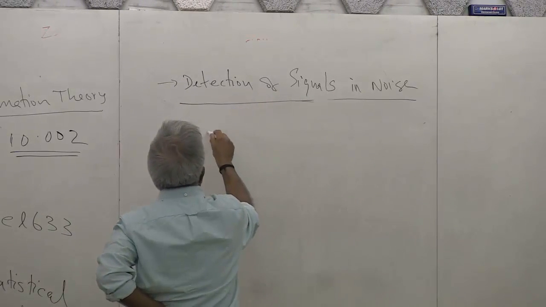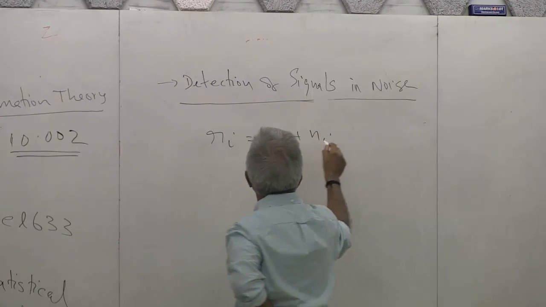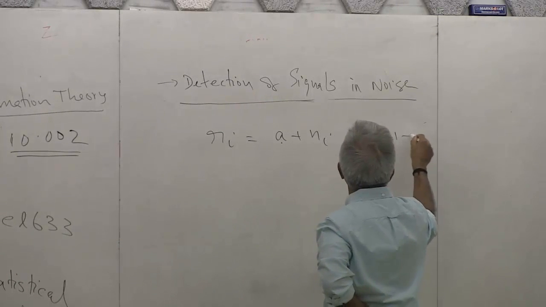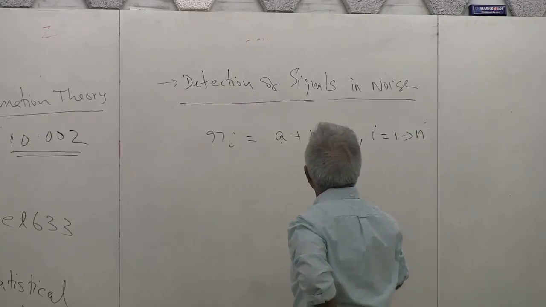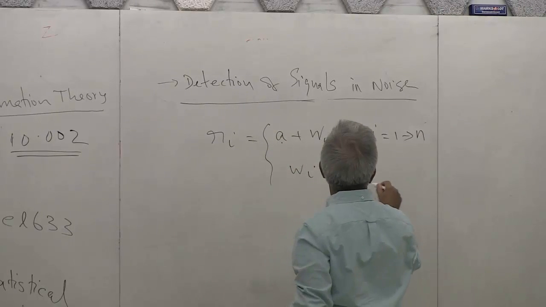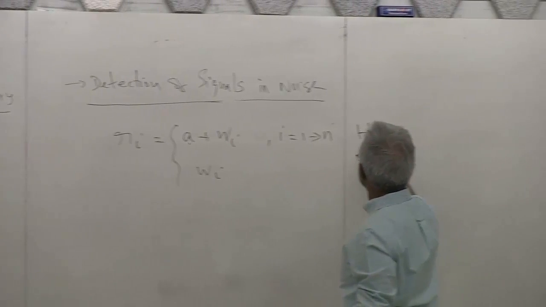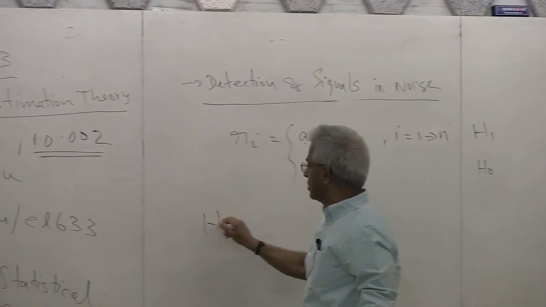So the simplest problem is something of this form. You have observations 1 through n under two hypotheses. So this is called hypothesis testing.